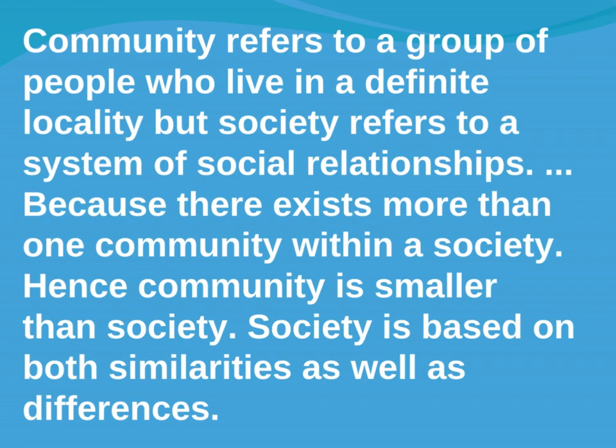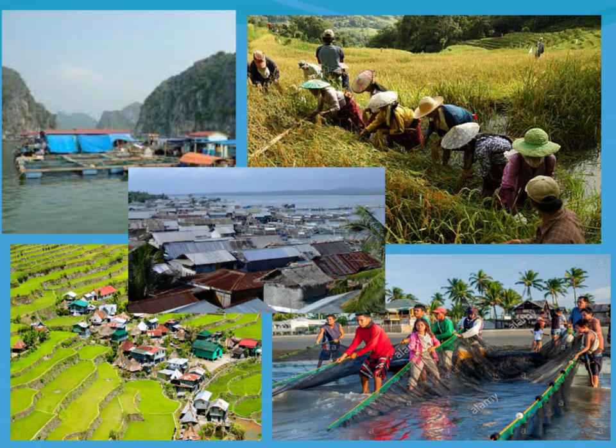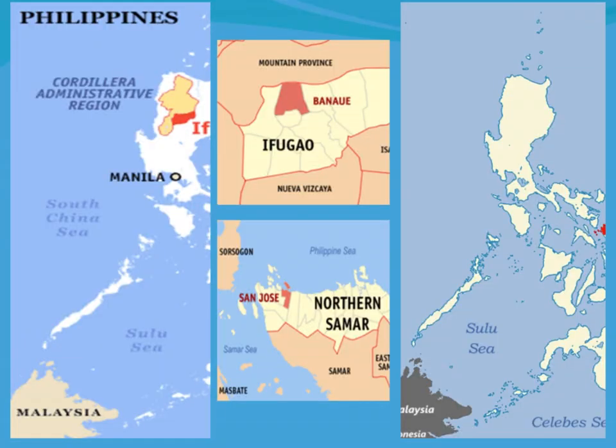Society is based on both similarities as well as differences. Please take a closer look at every photo that we have. As an agricultural country, those images of our farmers and fishermen can be found mostly in the highlighted examples of places on the maps.